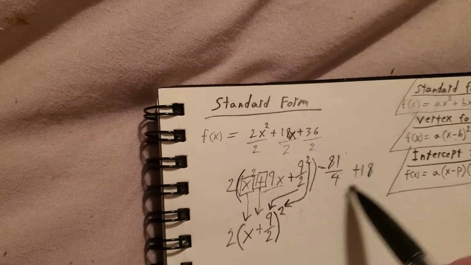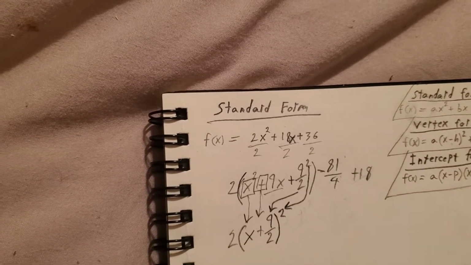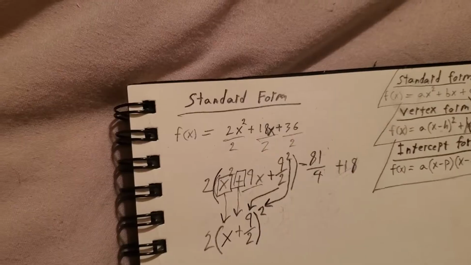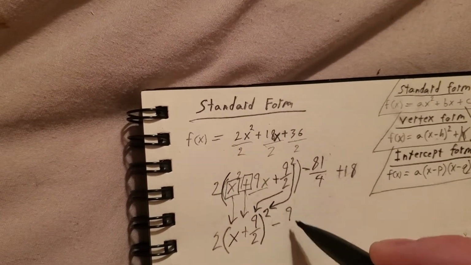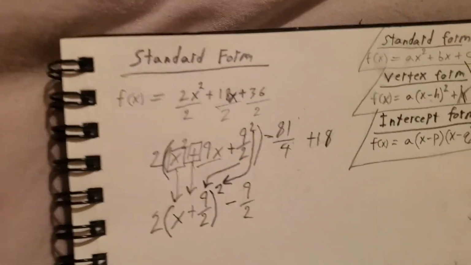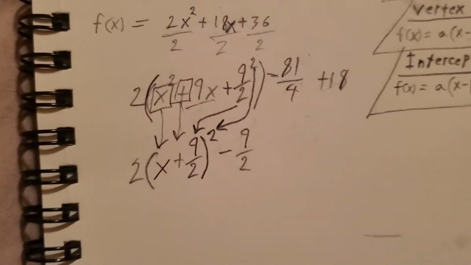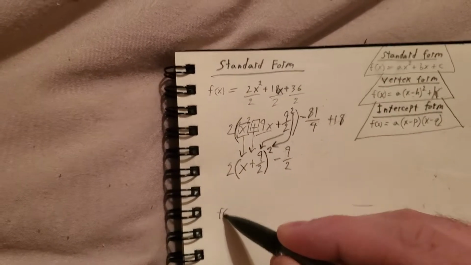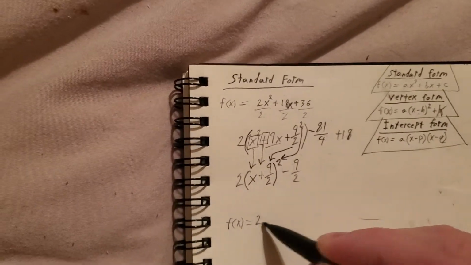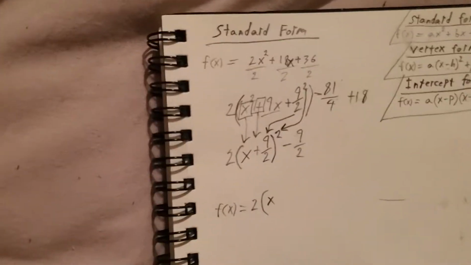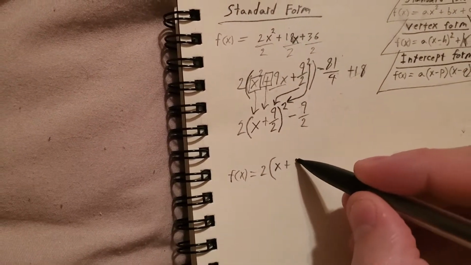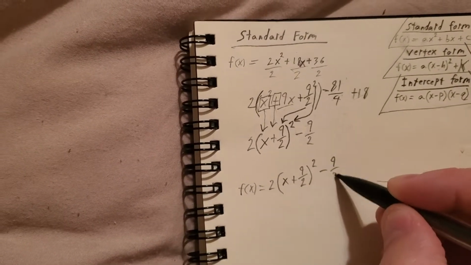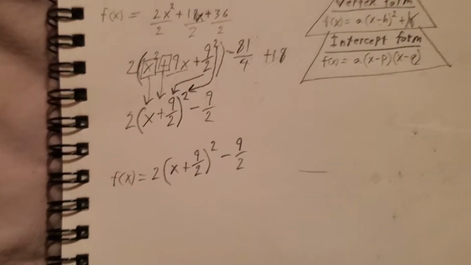We're going to multiply negative 9 over 4 times 2, which gives us negative 9 over 2. Okay. And really, to write this more clearly, we have f of x equals 2 times (x plus 9 over 2) squared minus 9 over 2. Alright, that's really what this equation is here.